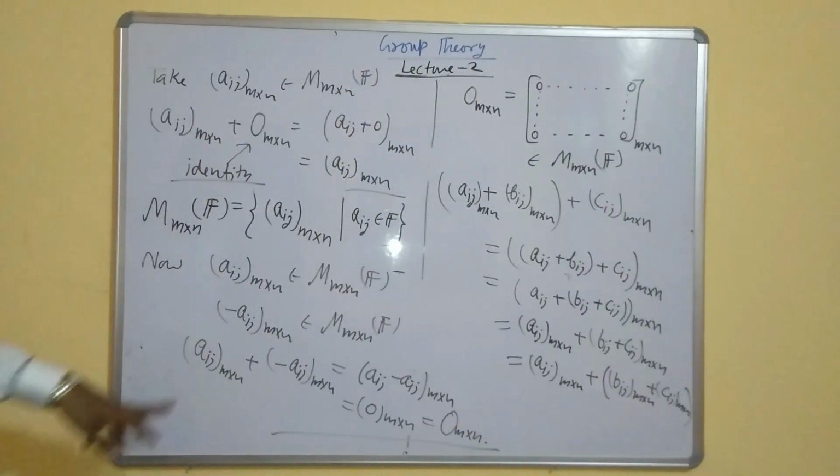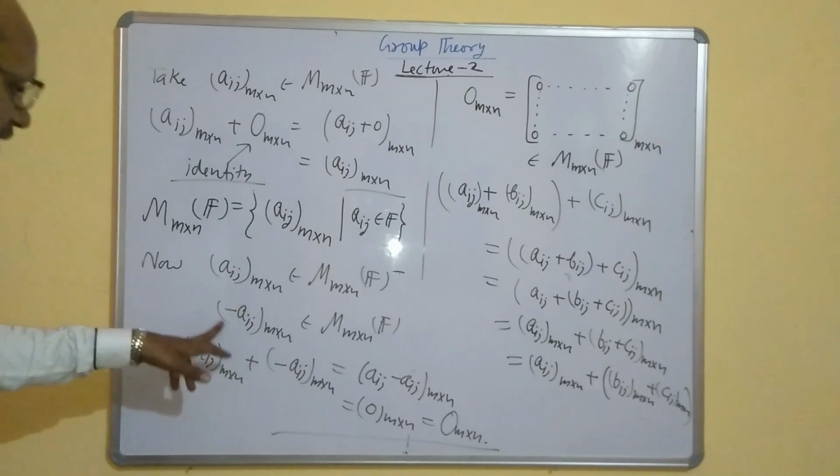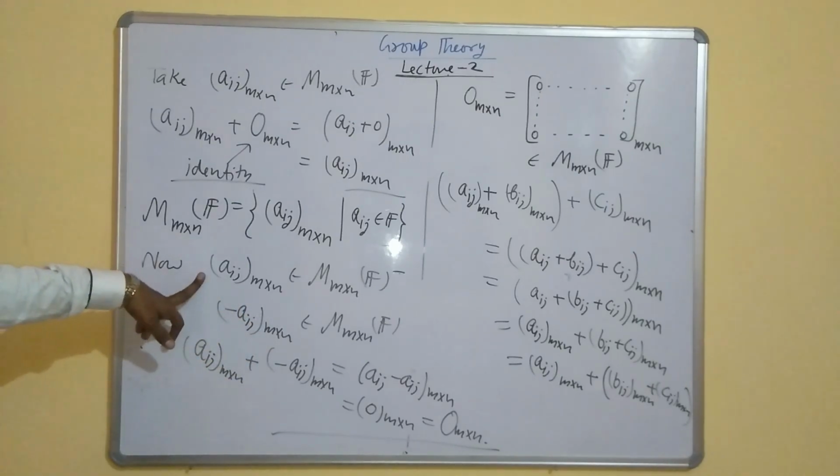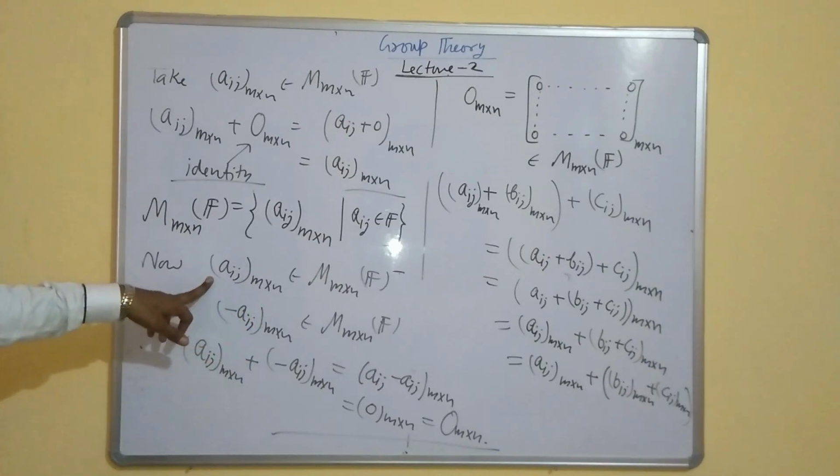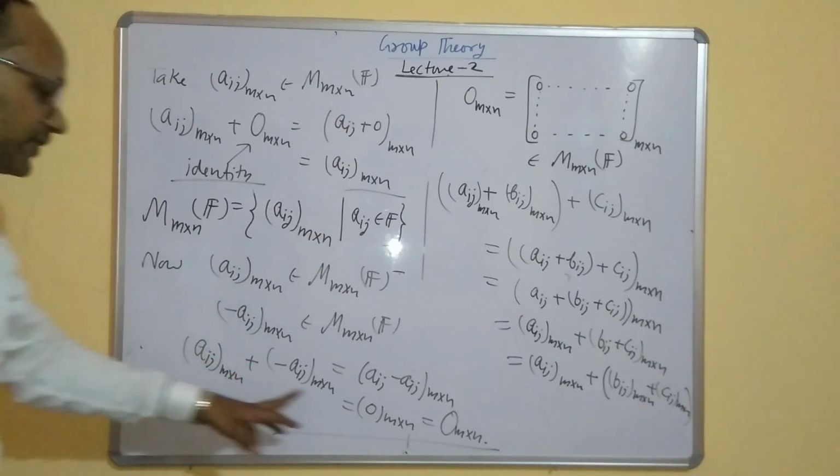So it means this element is the inverse of this. This matrix is the inverse with respect to addition of matrices for this matrix. So inverse exists.